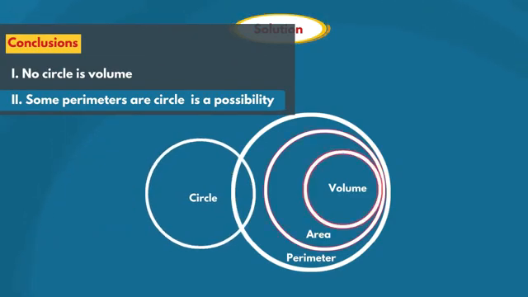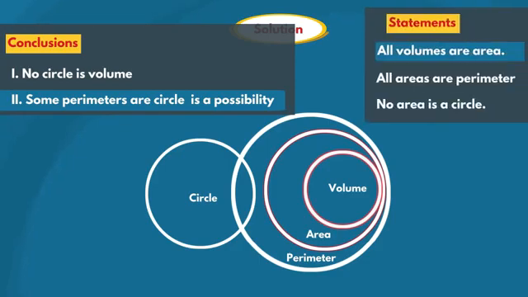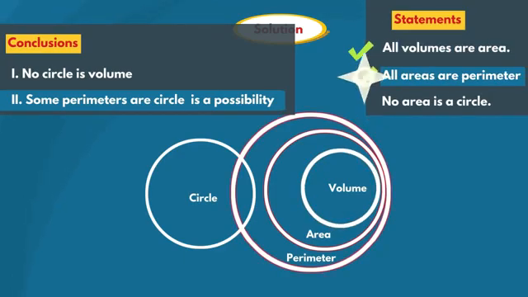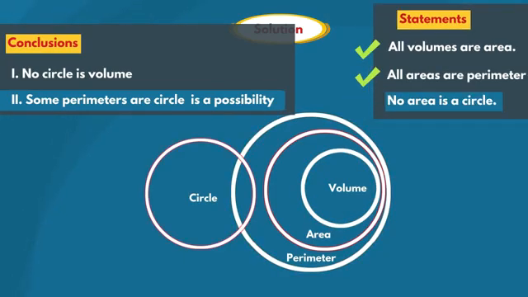Now check with the statements. In the statements, all volumes are area. All areas are perimeter. And no area is a circle. This diagram follows all statements and satisfies the conclusion. So conclusion 2, some perimeters are circle is a possibility, is true.